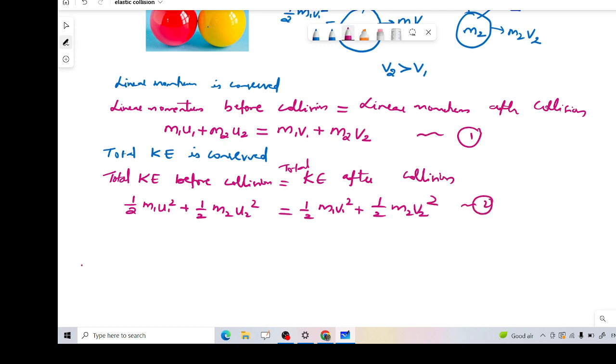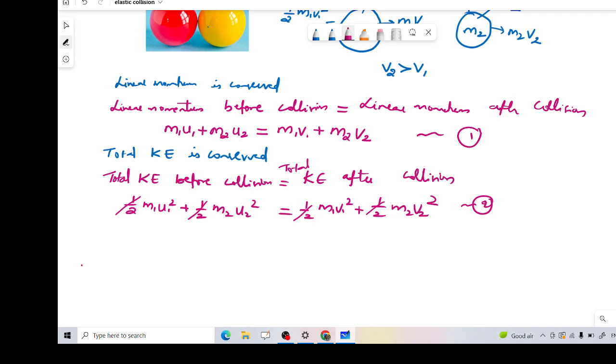One good thing here is that 1 by 2 is common in all the terms, so I can cancel all the 1 by 2 in this equation. I am calling this equation number 2.